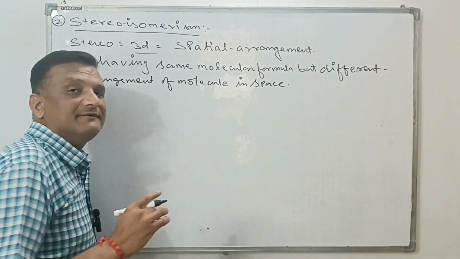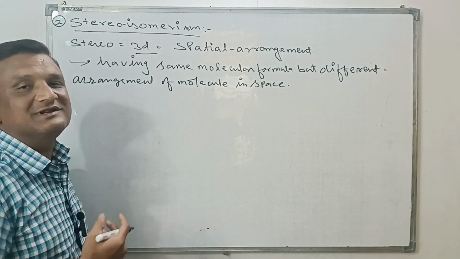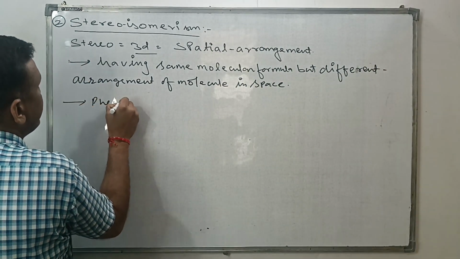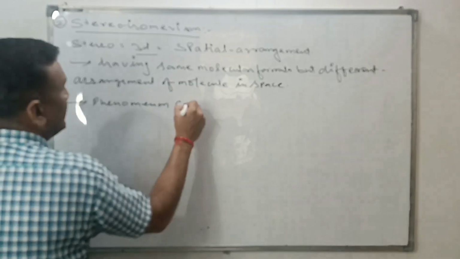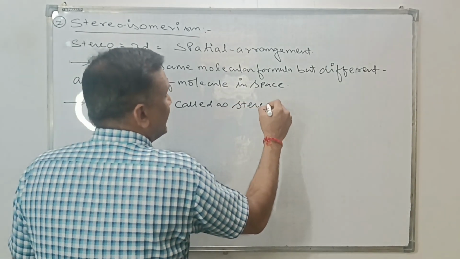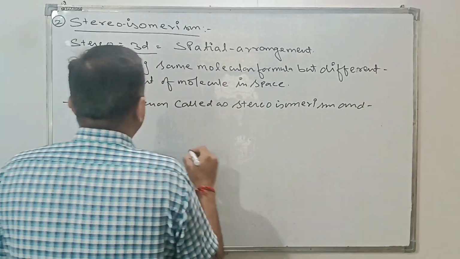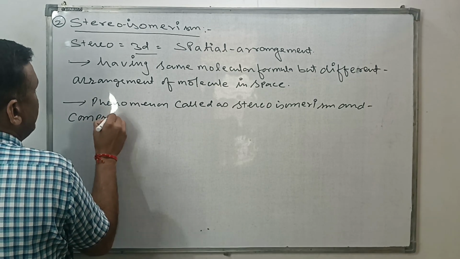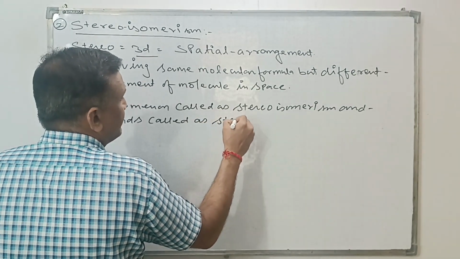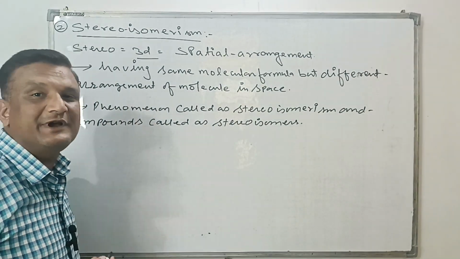This means if the arrangement of molecules in space is different but the molecular formula is the same, then that phenomenon is called stereoisomerism, and the compounds are called stereoisomers. This was about the meaning of stereoisomerism.